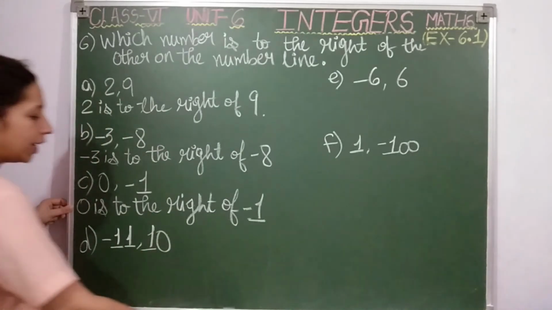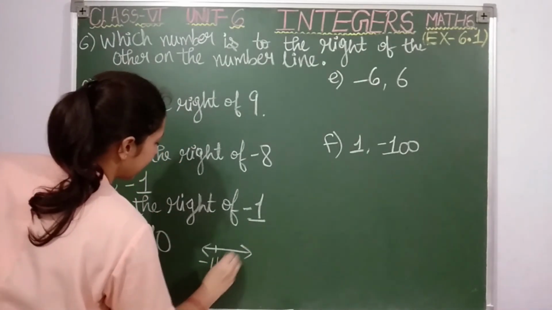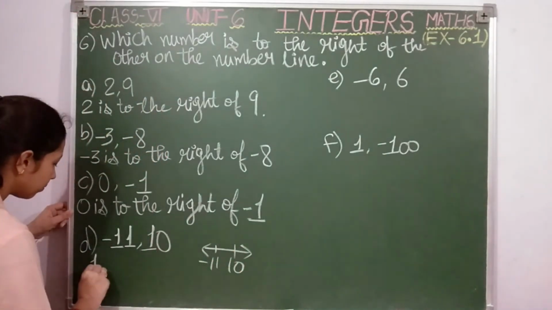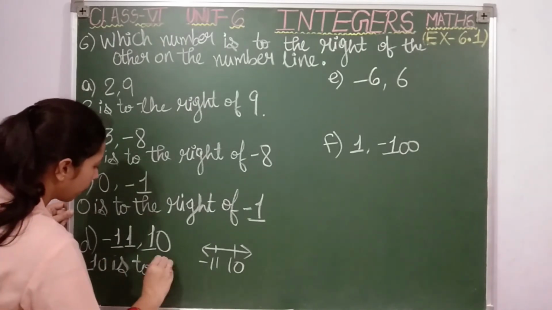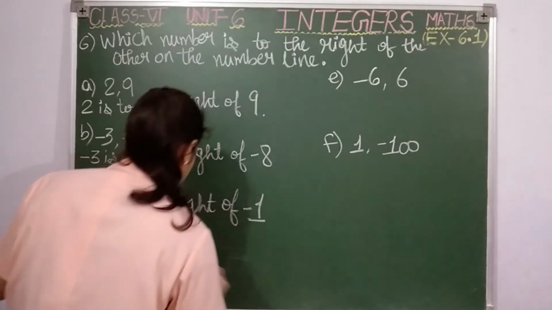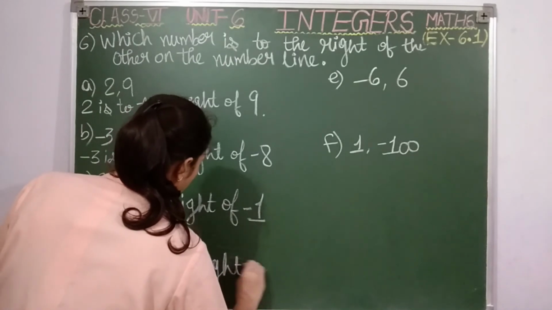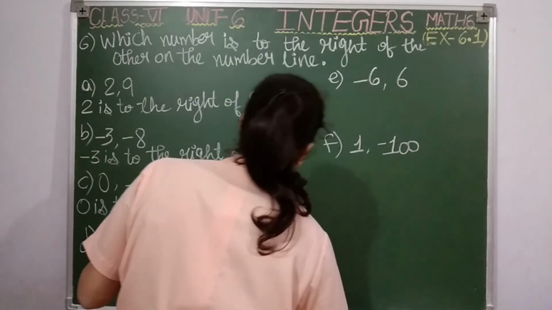Now minus 11 and 10, no problem, draw the number line. Minus 11 will come this side, 10 will come this side. Now it is for sure 10 is to the right of minus 11. Clear, students?